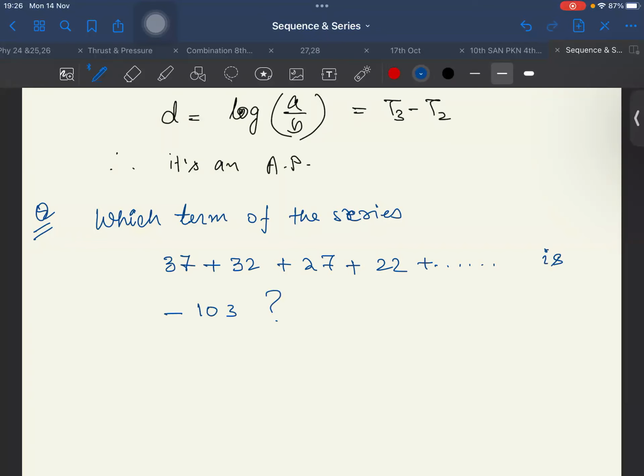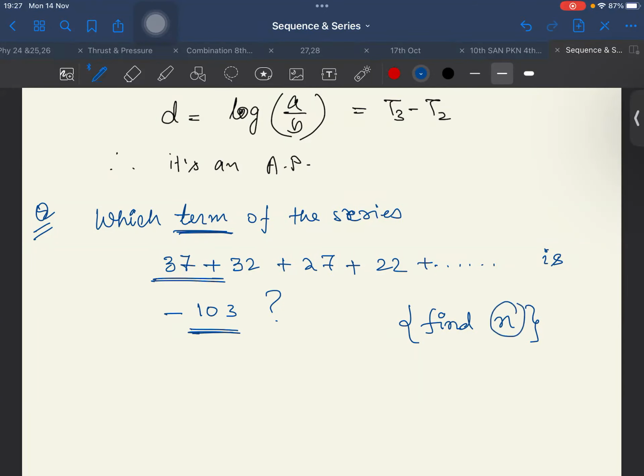What is the question here? See, here you need to find which term. You need to find the value of n. Okay, find n, for which you are given the last term and you are given the series. So find the value of n.